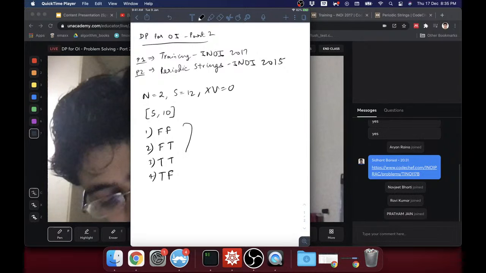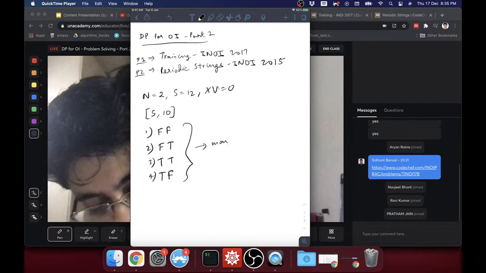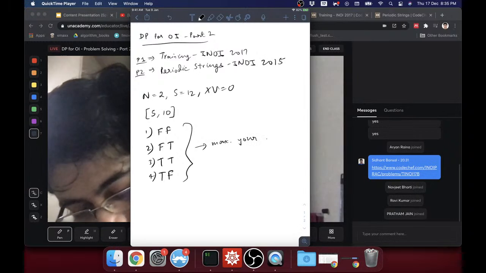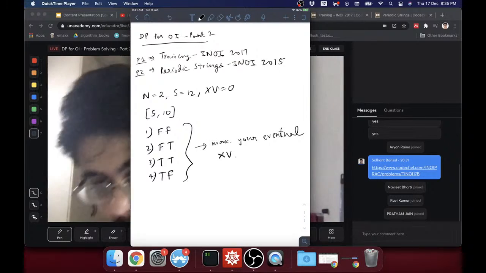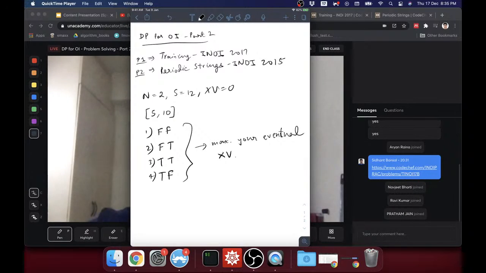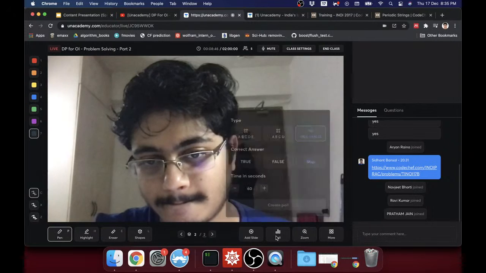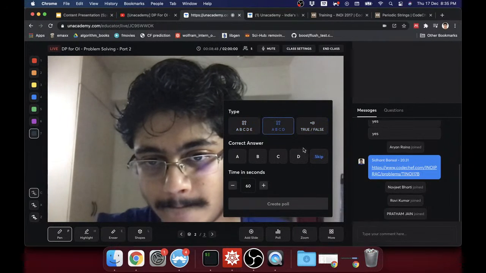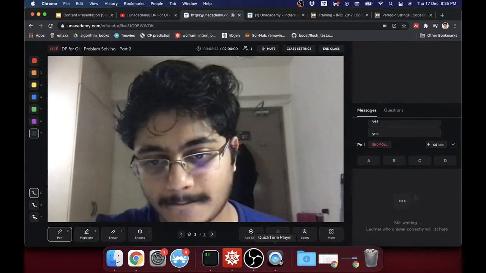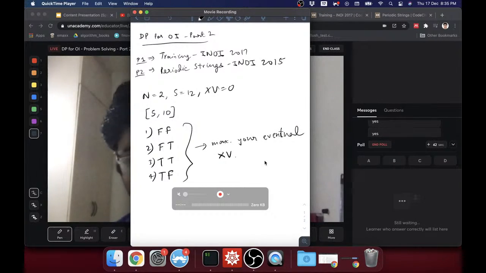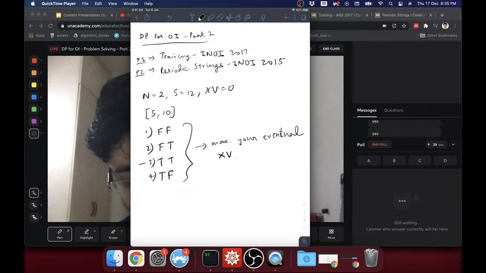Which of these options maximizes your eventual XV? So this one is straight train, so you can easily see that your aggregate will be 0, you won't gain any experience.